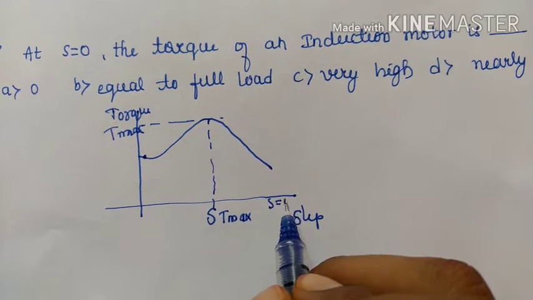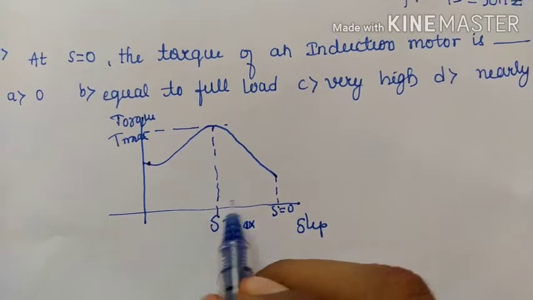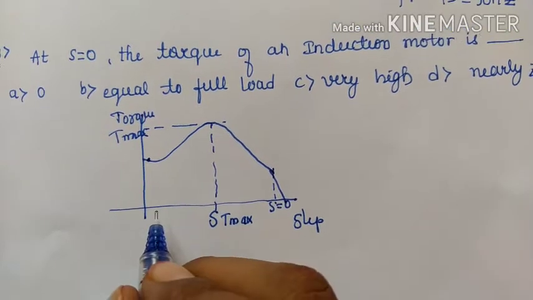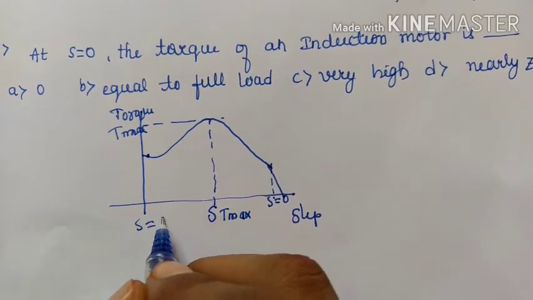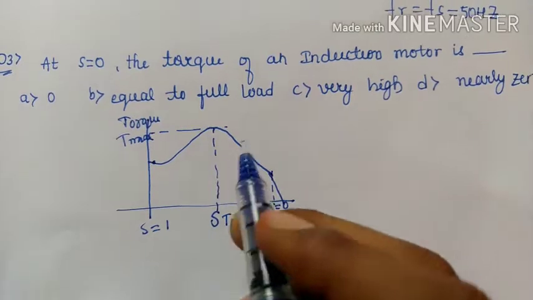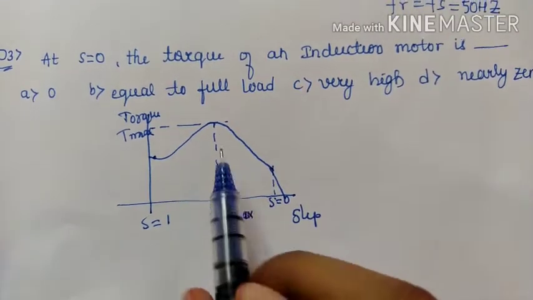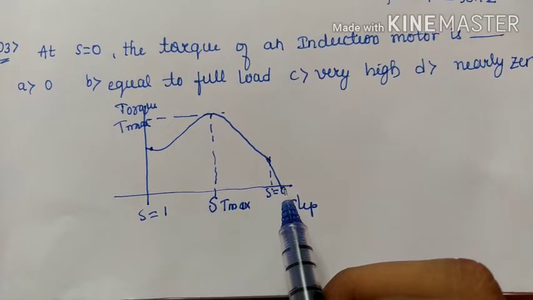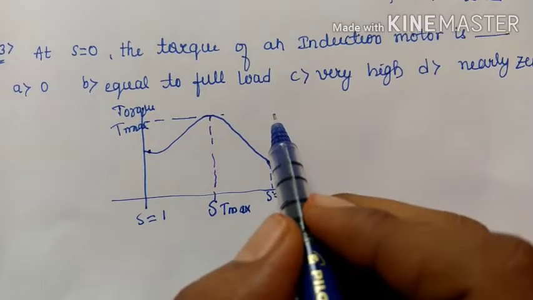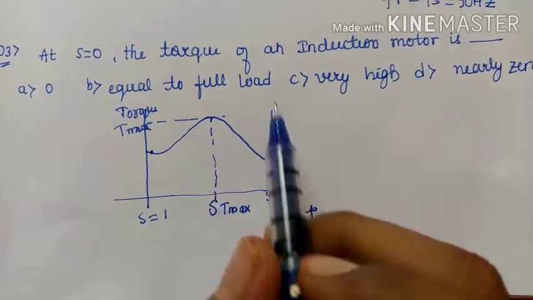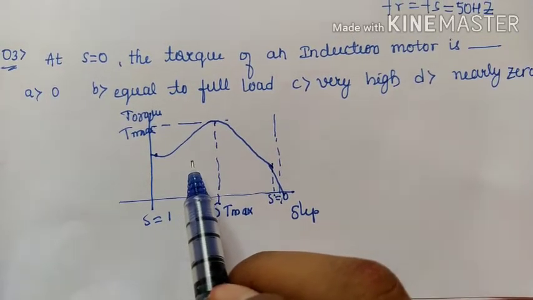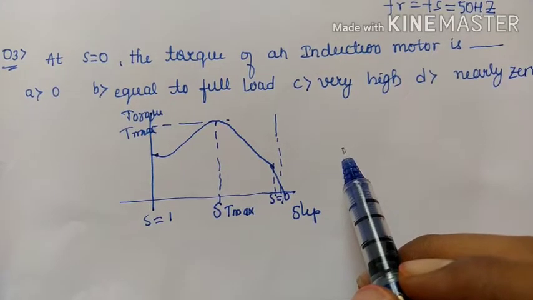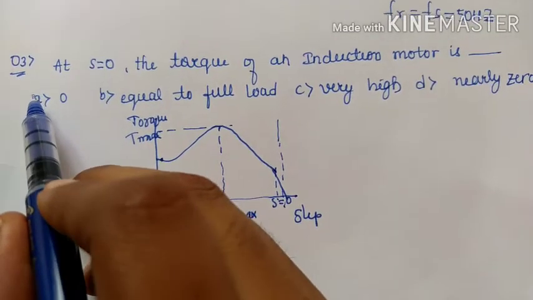Here S equals 0. Here S equals 1. By looking at this torque slip characteristic curve, at slip equals 0, the induction motor does not produce any electromagnetic torque. So it will be 0.